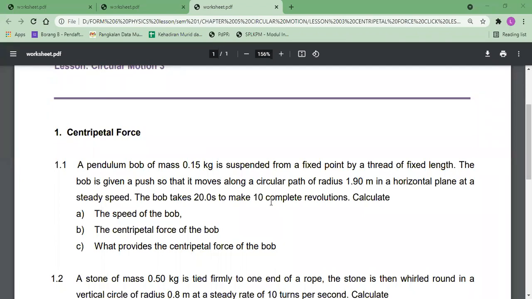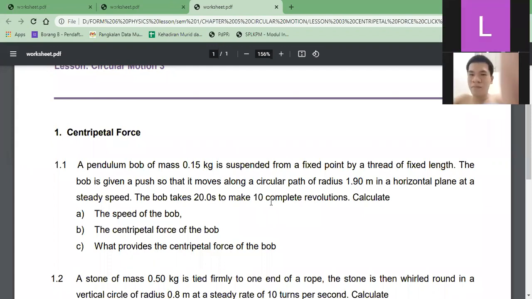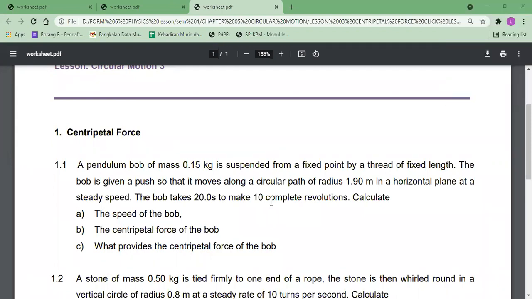Now we look at here. A pendulum of mass 0.15 kg is suspended from a fixed point by a thread of fixed length. The bob is given a push so that it moves along a circular path of radius 1.9 meter in a horizontal plane at a steady speed.